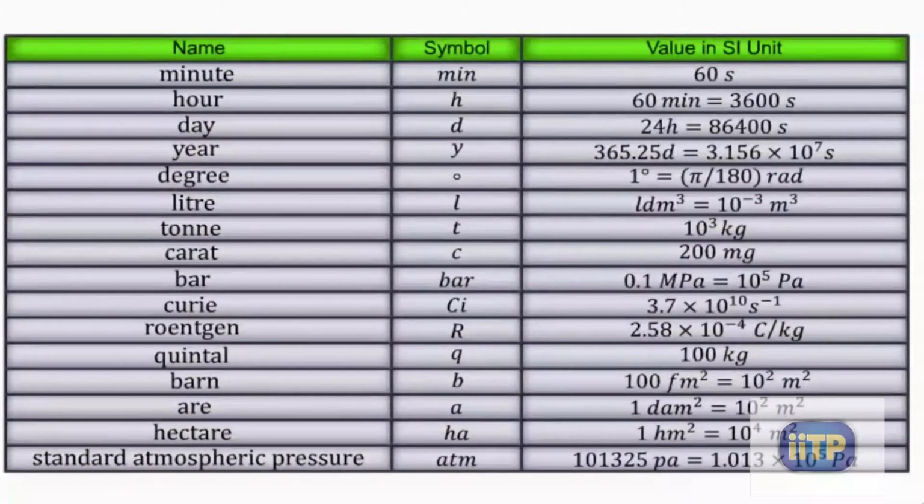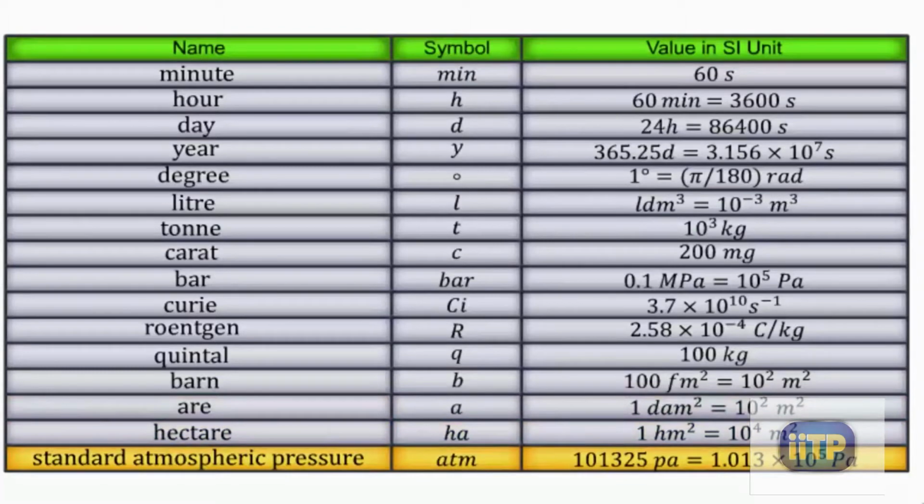The non-SI units accepted for use include hour, minute, day, year, degree, liter, ton, carat, bar, curie, roentgen, quintal, barn, hectare, and standard atmospheric pressure.